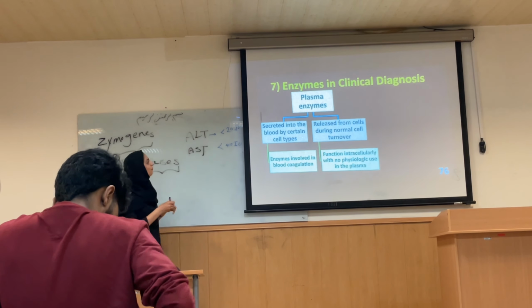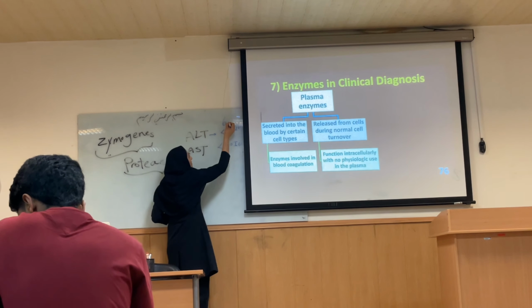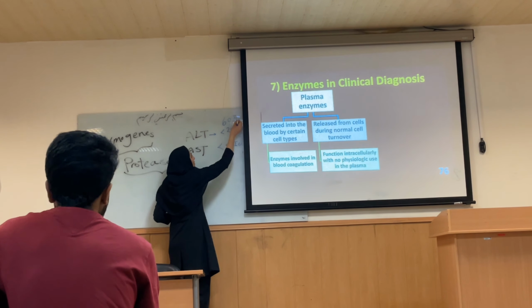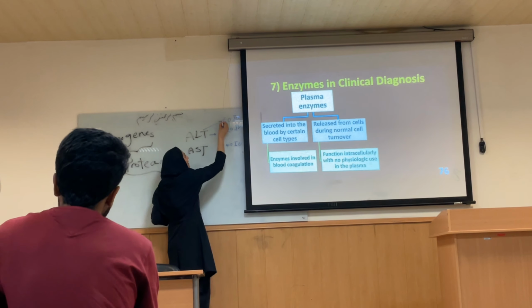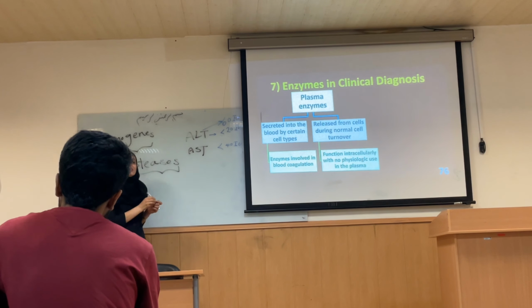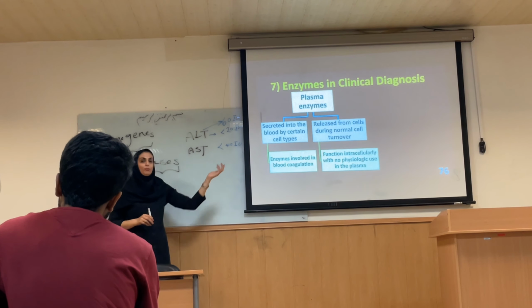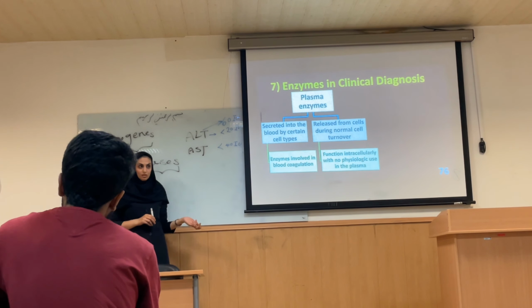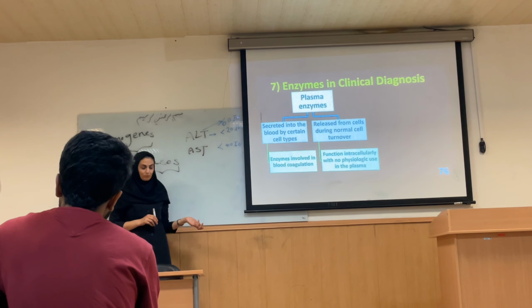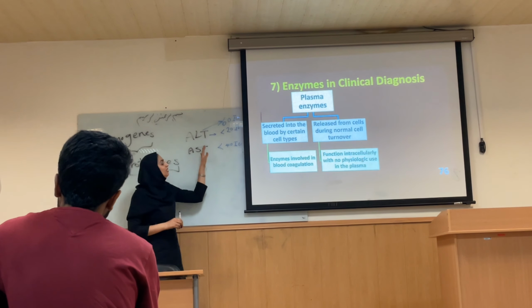But if, for example, it starts to be 60 international units, it indicates that your liver cells are damaged. That's why the enzyme is released into the blood circulation. Did you get that one? This is related to liver enzymes.